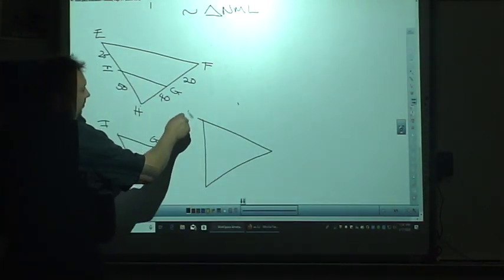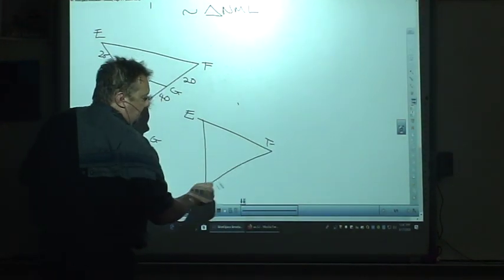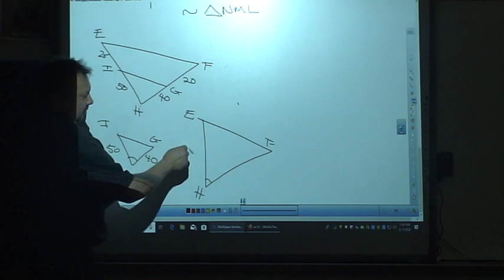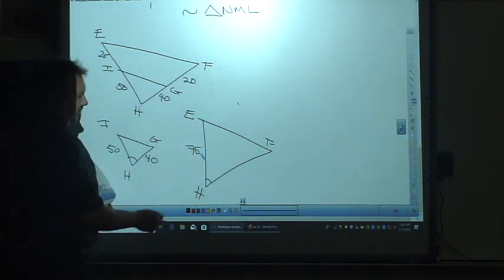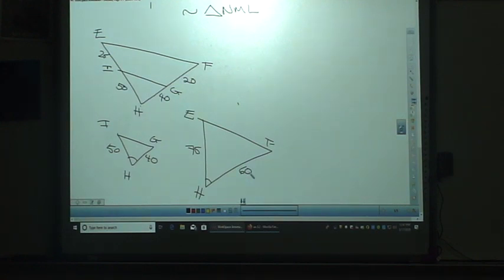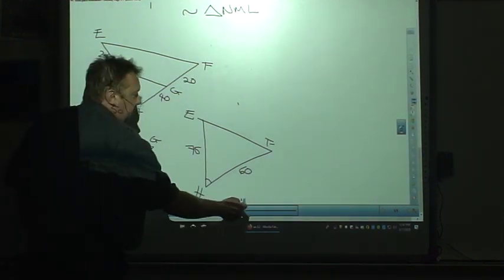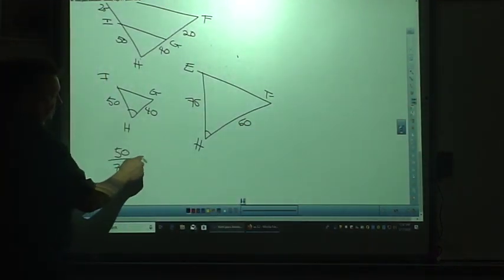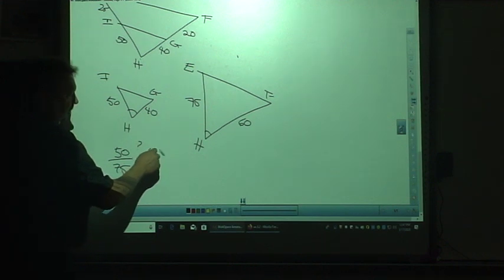The big triangle is E, F, H, which is shared. This side will be 75. This side will be 60. So I need to check bigger side to bigger side, since I already have the angles. I'll do 50 over 75 and see if that equals 40 over 60.